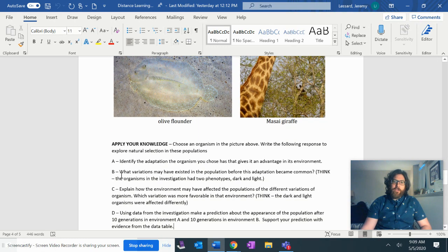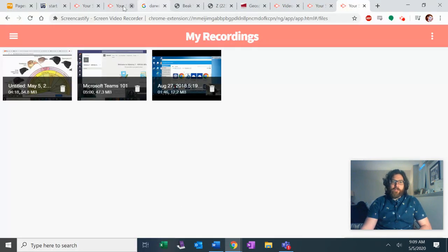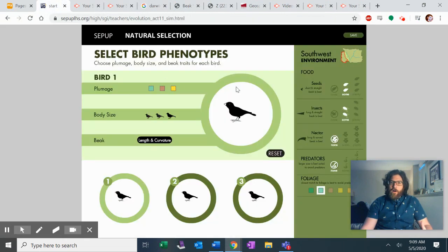In part B, I want you to think about what variations might have existed in that population before that adaptation became common. So for instance, let me give you an example. Think about our bird example that we had done before all this craziness started happening.